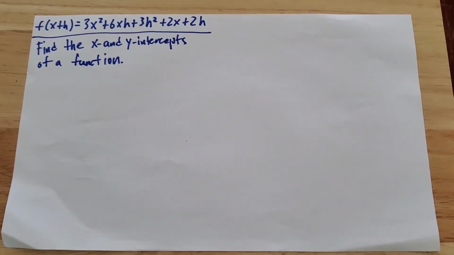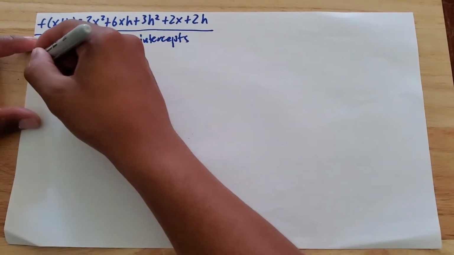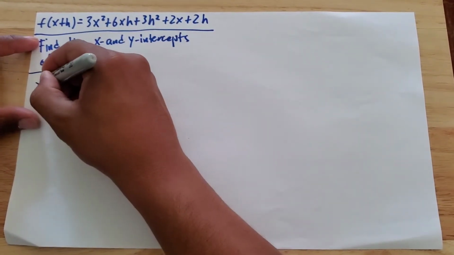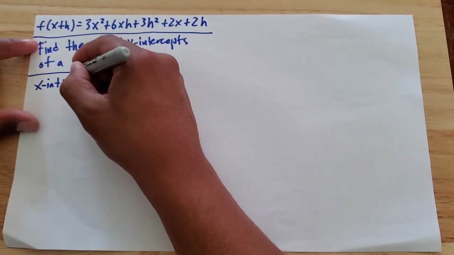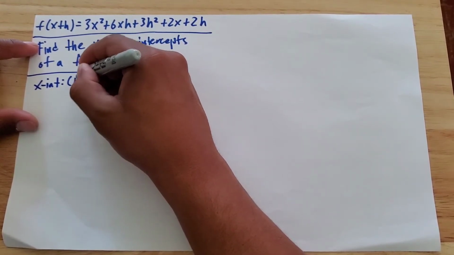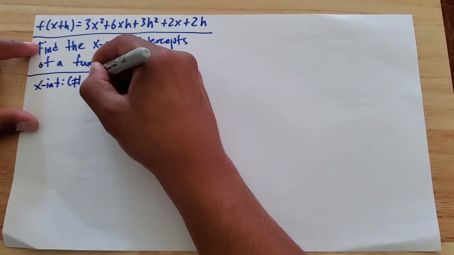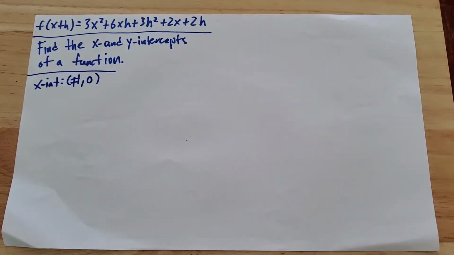But remember what we said about all x-intercepts. All x-intercepts had this in common, that they all had some number for x, but 0 for y, because that's the only way an ordered pair can be on the x-axis, because you're not shifting it up or down at all.